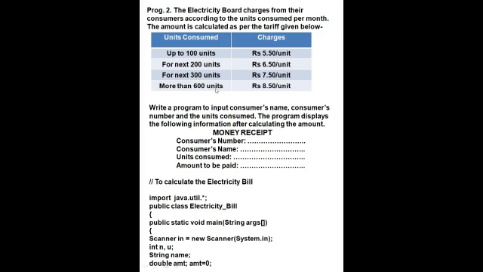More than 600 units, rupees 8.50 per unit. Now write a program to input the consumer's name, then consumer's number and the units consumed, how much unit he has consumed. The program displays the following information after calculating the amount. This type of money receipt will come.